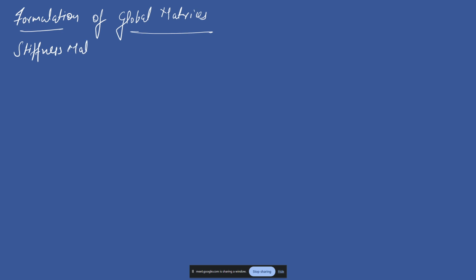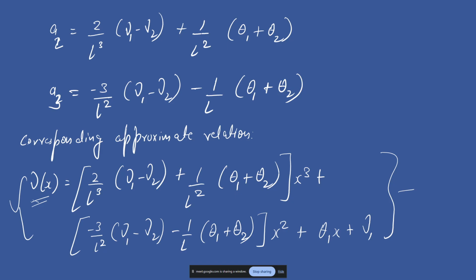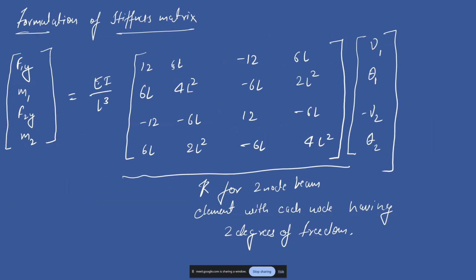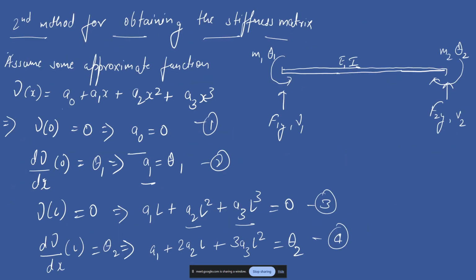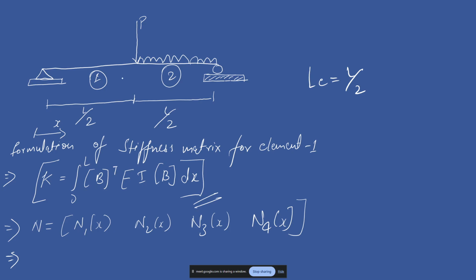So let's say first for the stiffness matrix. For the global matrices, since your stiffness matrices are the same, all the elements of the local matrices will remain the same. We only need to connect the elements of the matrix at the joint of both the elements.